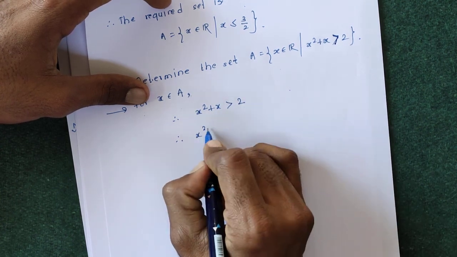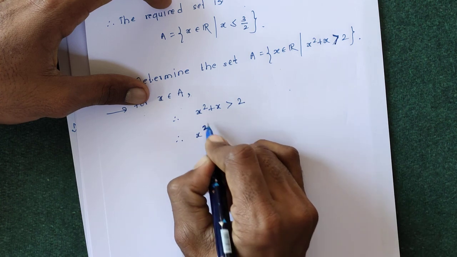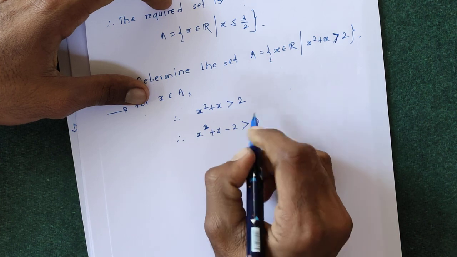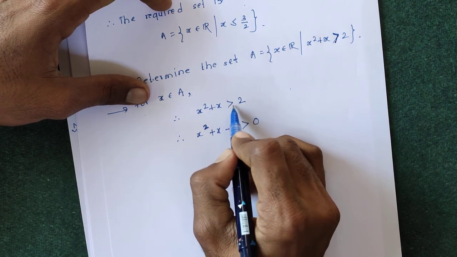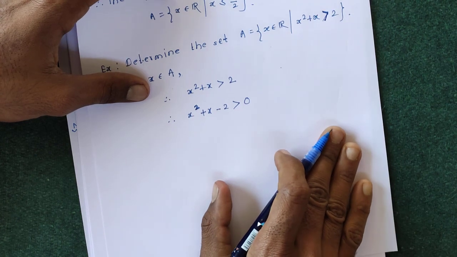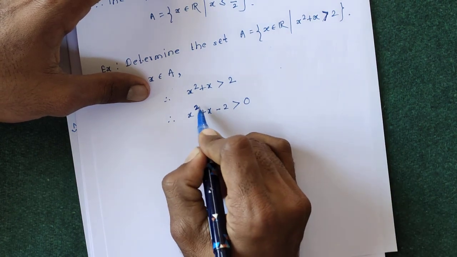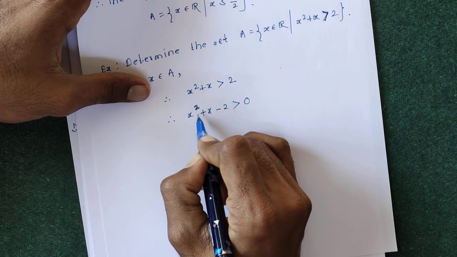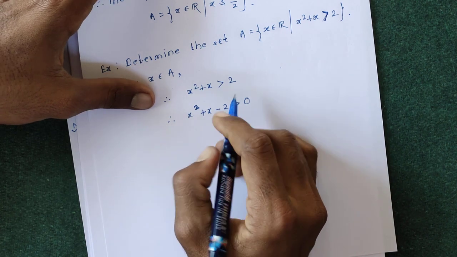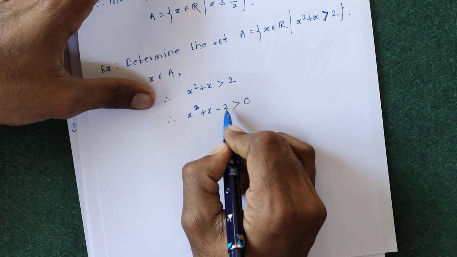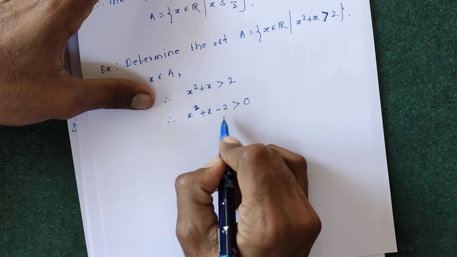Therefore we can rearrange this by subtracting 2 from both sides, and we get x square plus x minus 2 is greater than 0. Now this is a quadratic, that is, a polynomial in the variable x: x square plus x minus 2. Now we have to find the two factors of 2 such that their multiplication satisfies this.